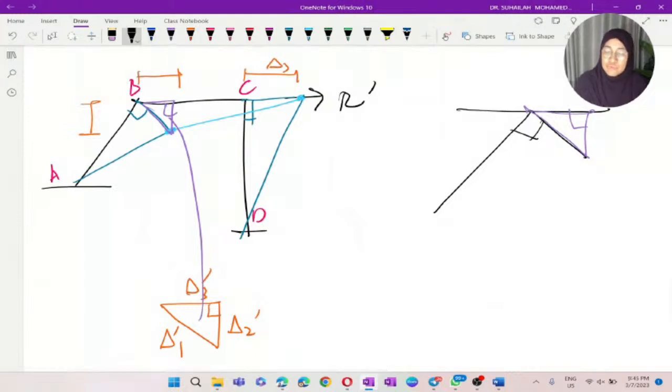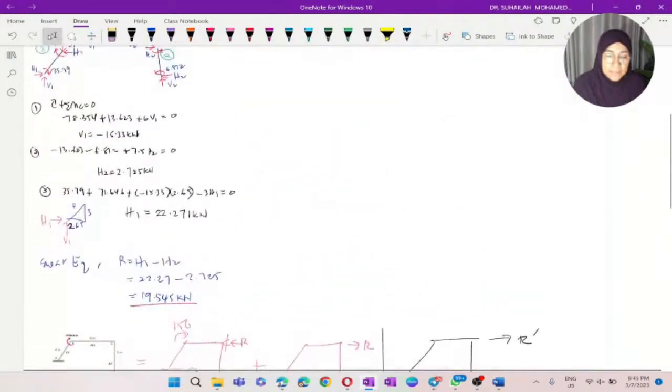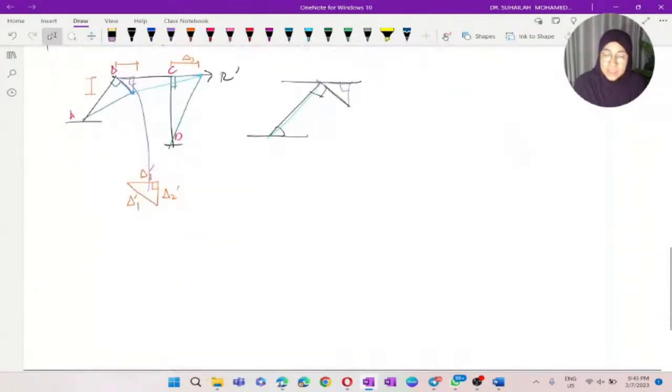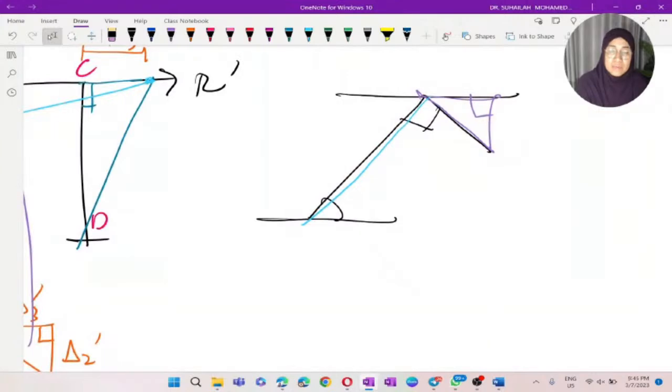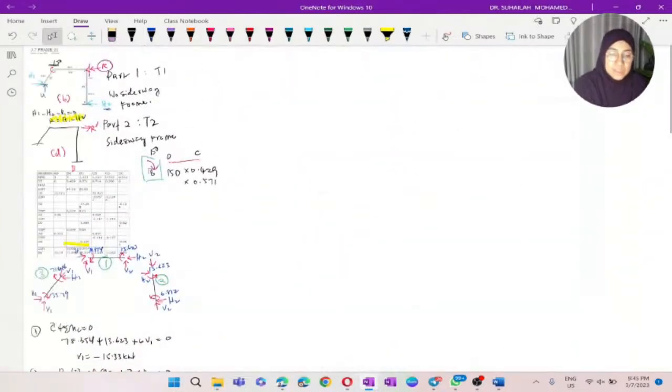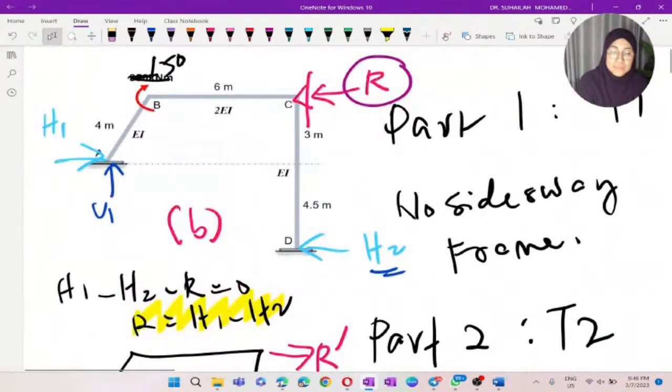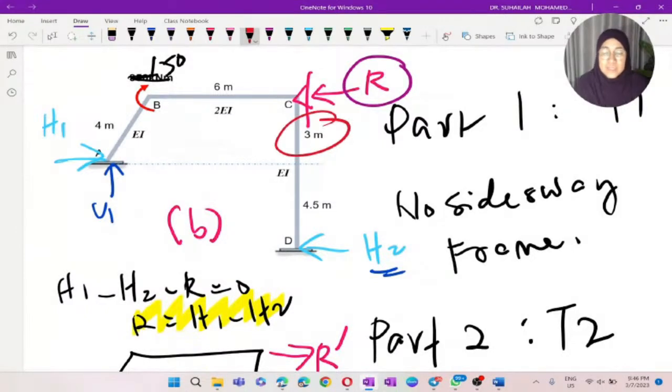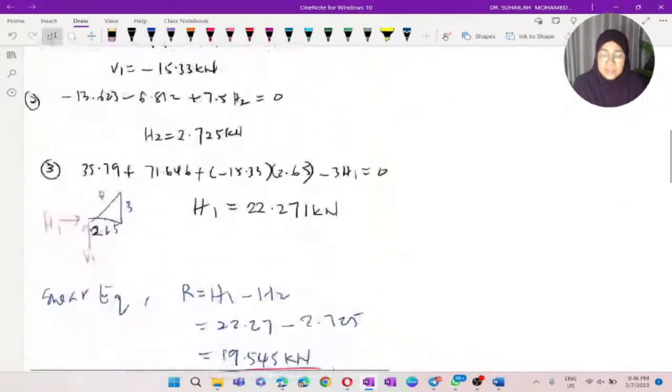We have to have the angle, which we get from this. The length is 3, 4 and 3. This is 4 meter, and given also the vertical height is 3, 4 and 3.